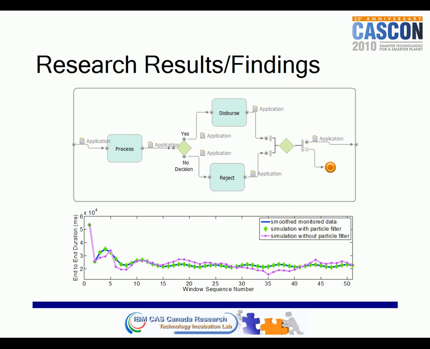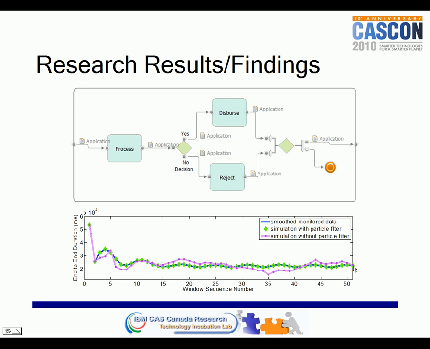To test the effectiveness of our state estimator, we conducted experiments where we compared end-to-end process duration produced by a simulation model updated using a particle filter with that from a simulation model updated using values directly from monitor. Here in the graph below, the blue line represents the monitored KPI. The green line is the KPI given by the simulation model updated using a particle filter.